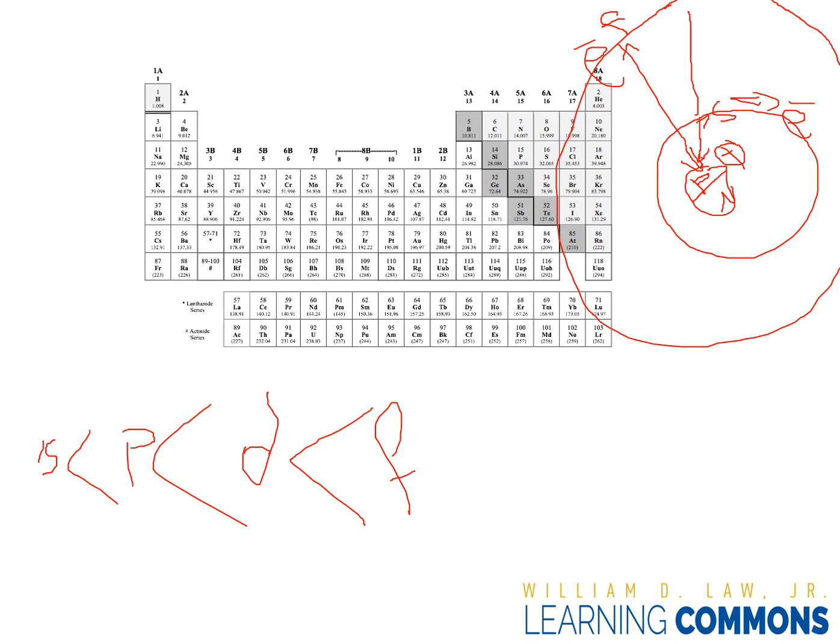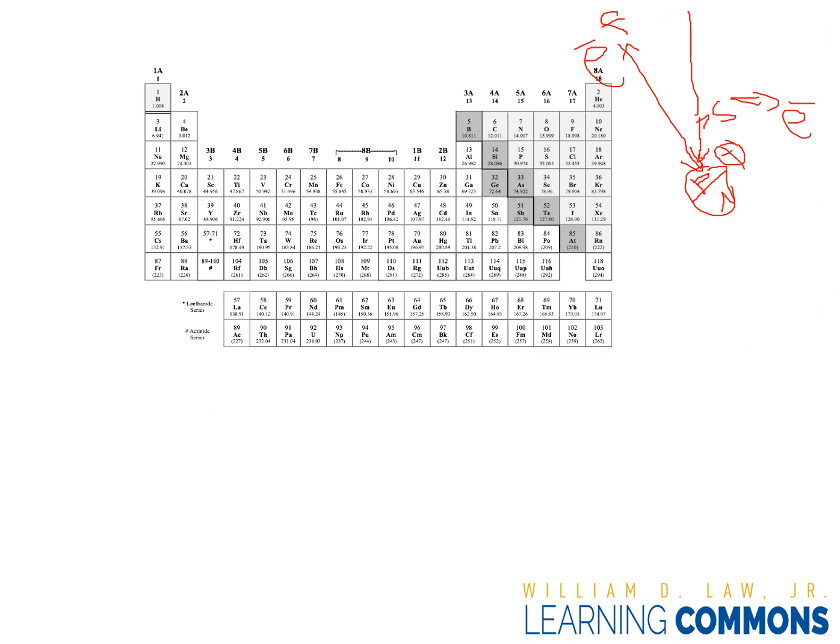Therefore, the f orbital is the highest energy, and the s orbital is the lowest energy.